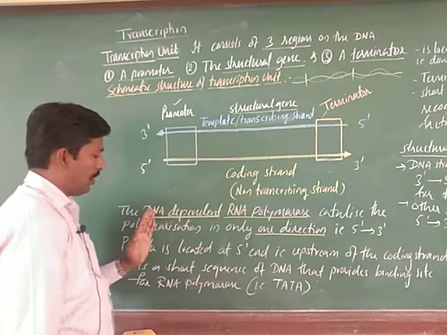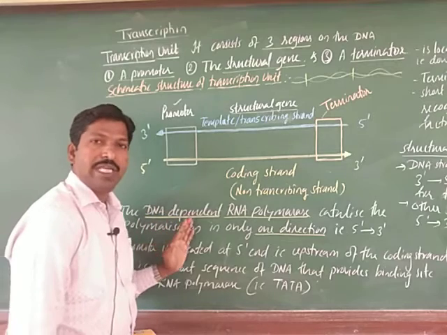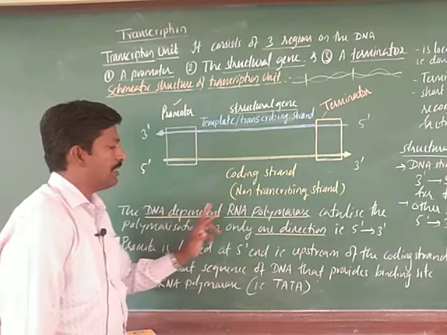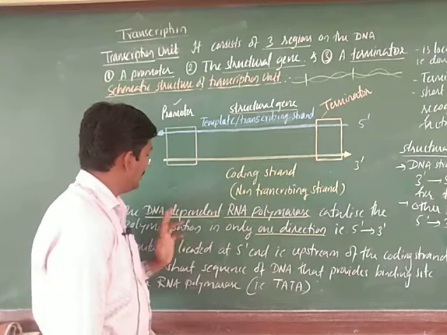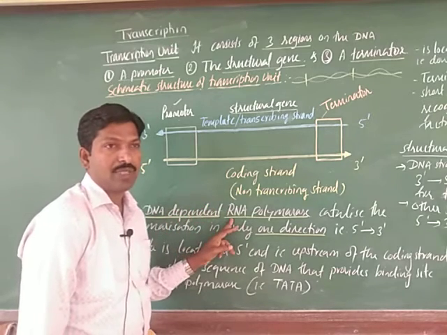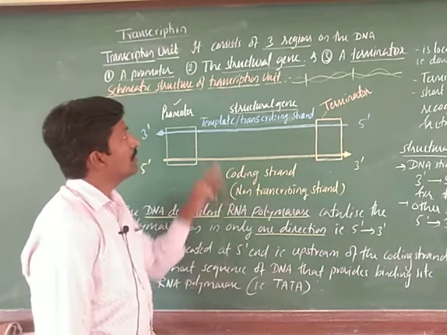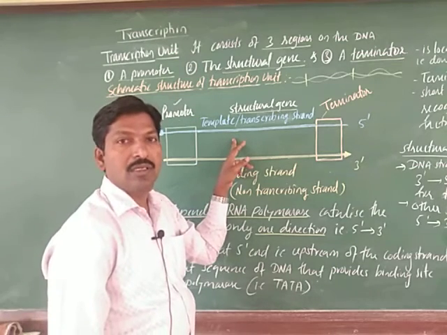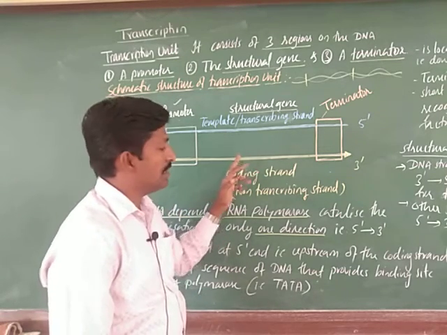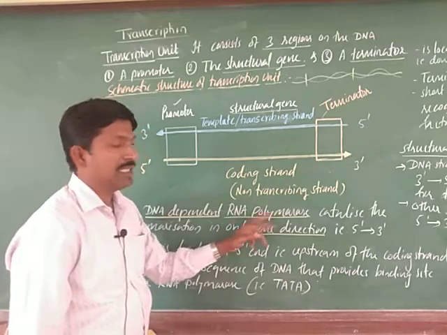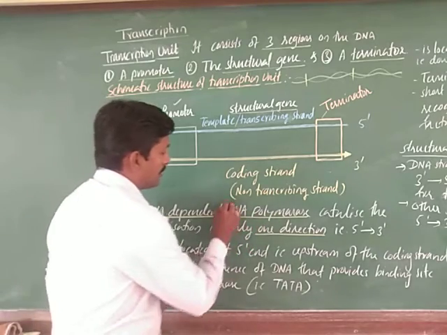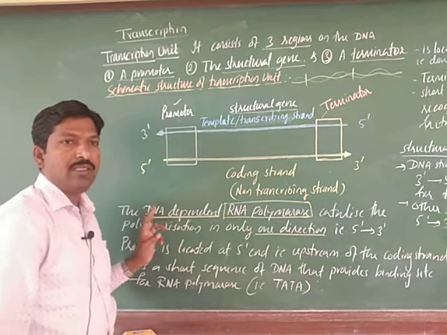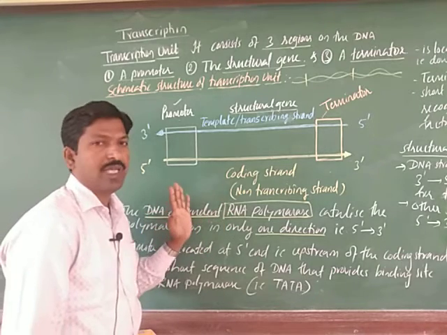The polymerization takes place here with the help of DNA dependent RNA polymerase, because what is synthesized in transcription? RNA is synthesized here. That is why RNA polymerase is required, which depends on the DNA. So, we can say DNA dependent RNA polymerase.